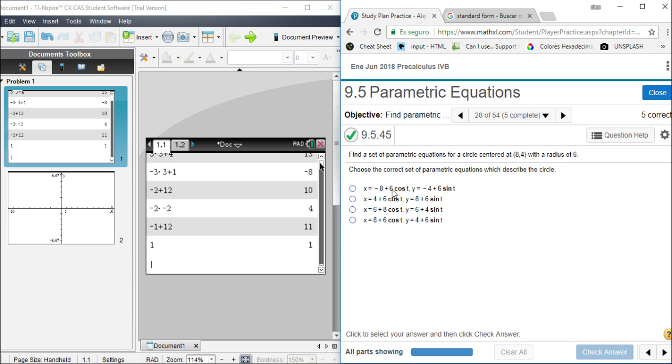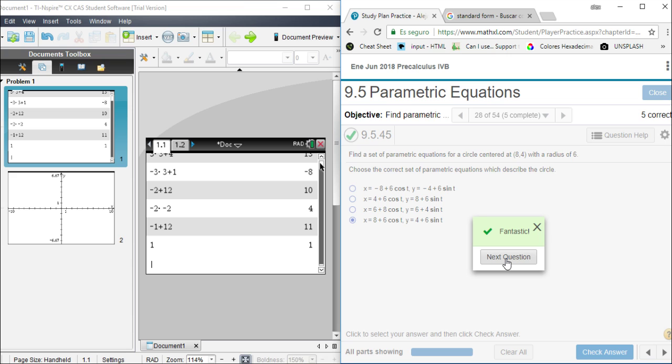So we have possible answers, this one and this one, because these ones have radius 6. Now we need to check for h equals 8, and this one is the only one that has the number 8 for h. So this one is the correct answer. And it was. Let's go to the next question.